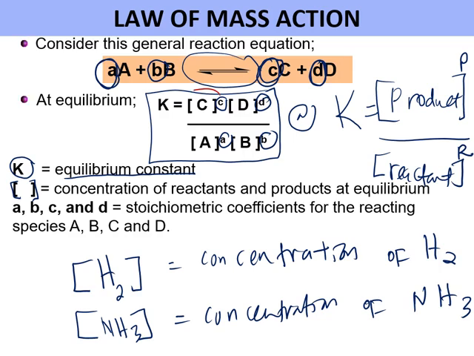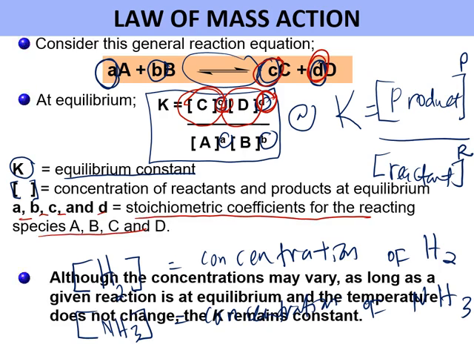K sama dengan concentration of C to the power of c multiplied by concentration of D to the power of d. Kuasa yang ada pada concentration ni depends on the stoichiometric coefficient from the chemical equation. Okay, a, b, c, d refer to the stoichiometric coefficient for the reacting species of A, B, C, and D. Alright.